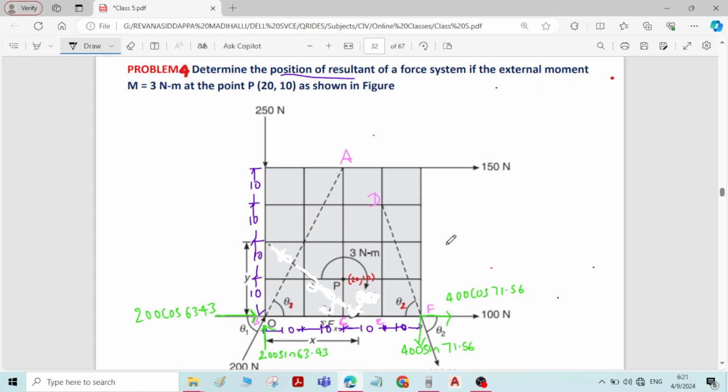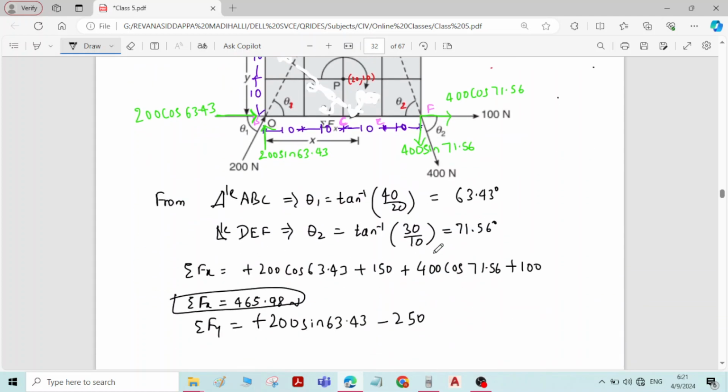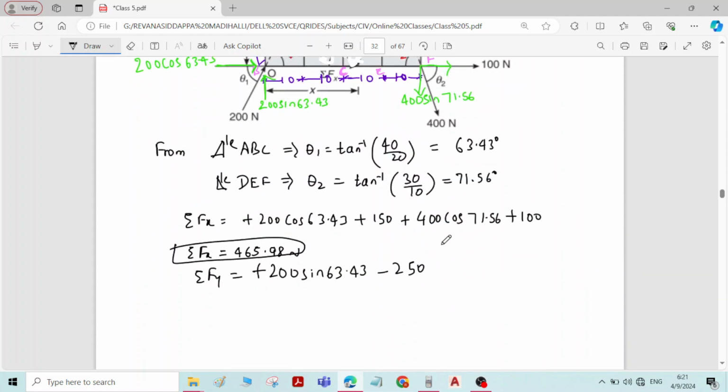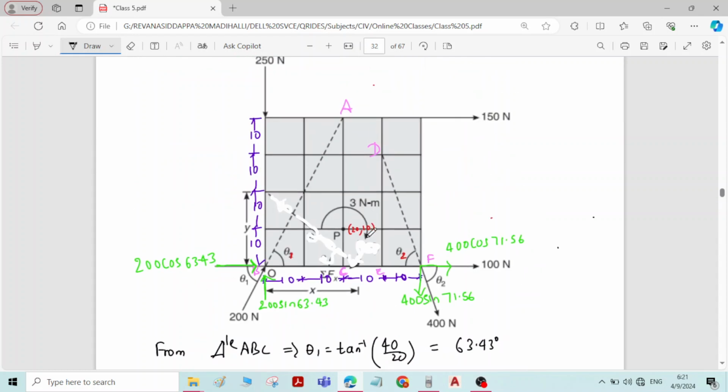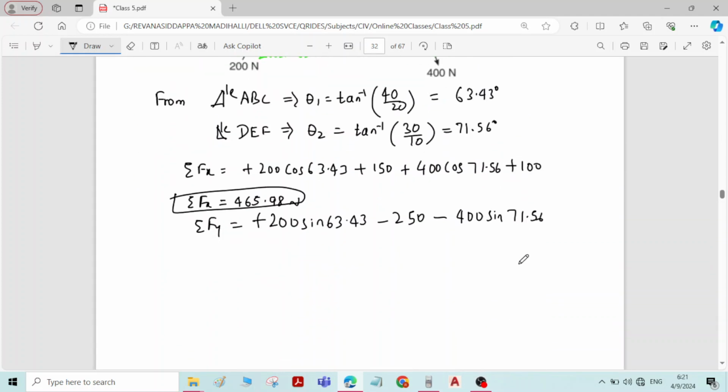Then 400 sin 71.56 acting in downward direction, sign is minus. That's all the vertical forces we have covered.